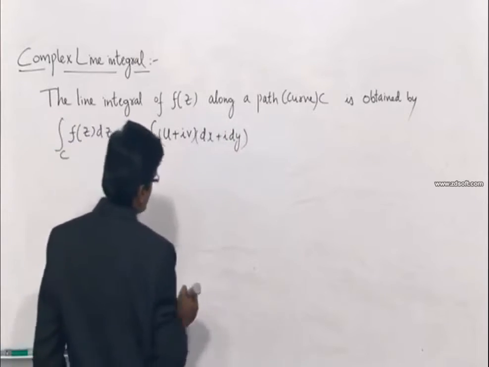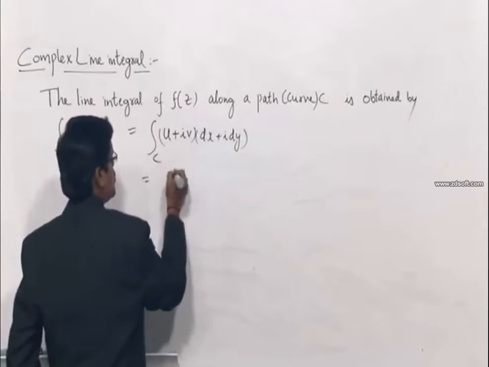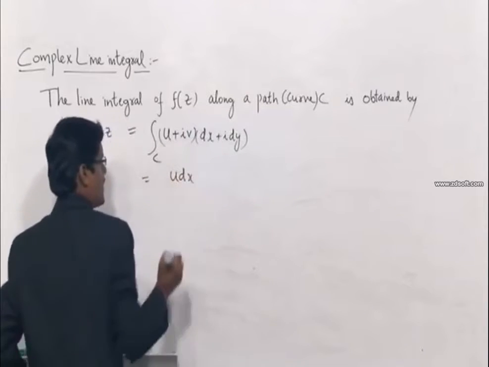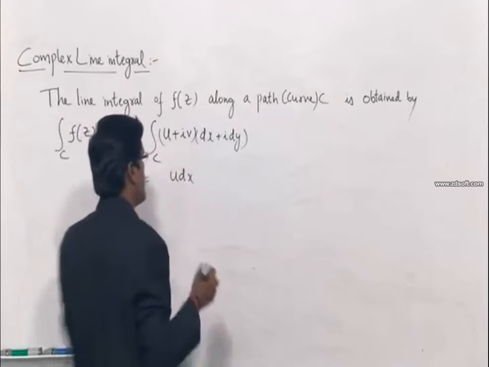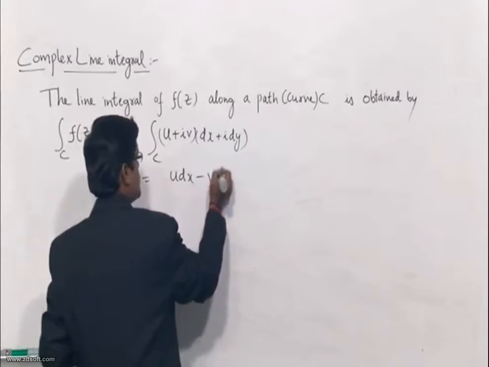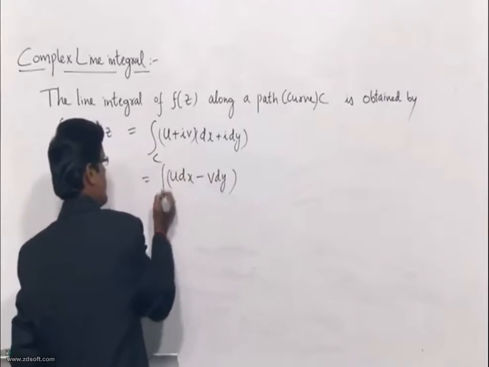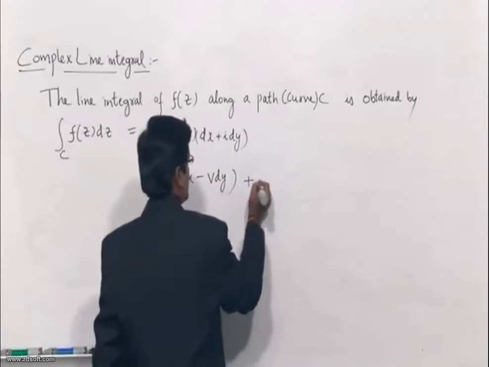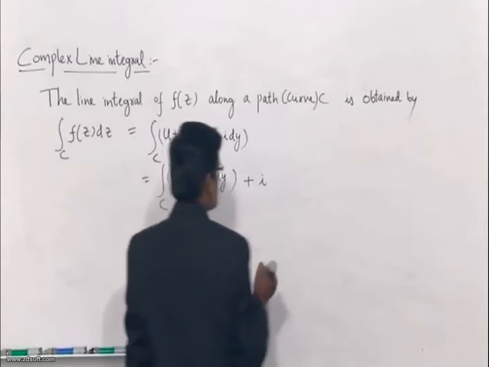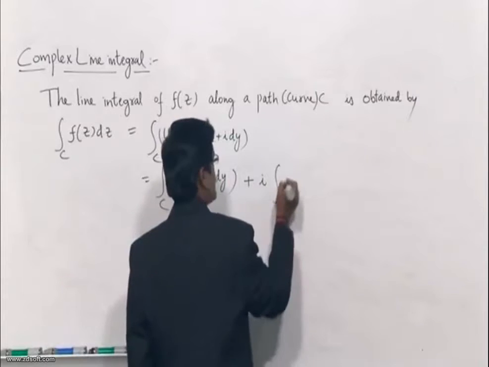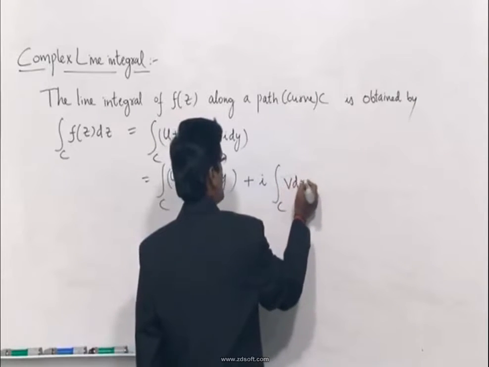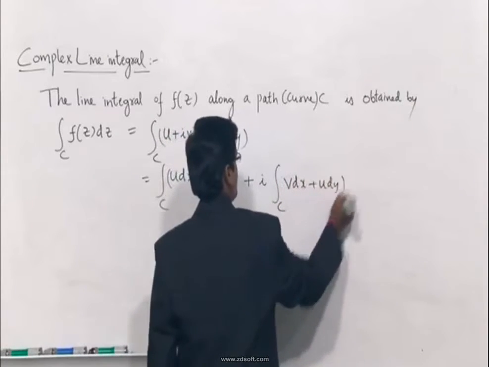Multiply these two complex numbers and separate real and imaginary parts. First collect the terms not containing i: u into dx, and i into i squared, which is minus 1, that is minus v into dy. This is one real line integral. Plus, in the other two terms i is common, so keep i outside: integral over C of v into dx plus u into dy.